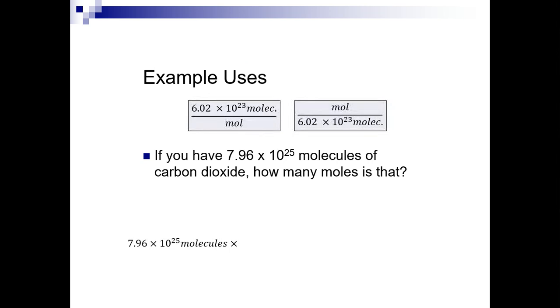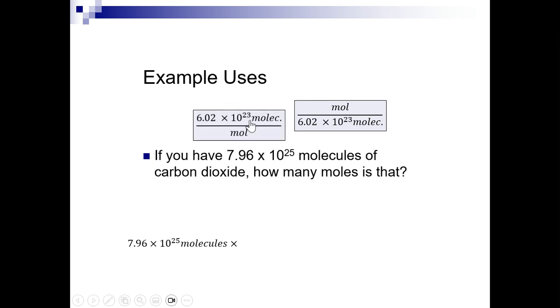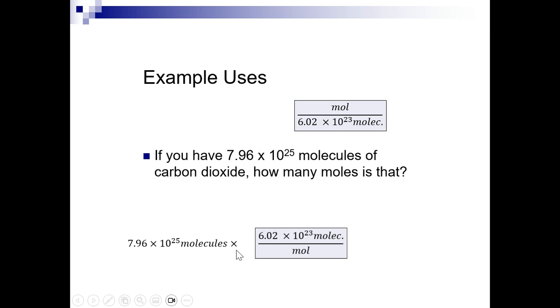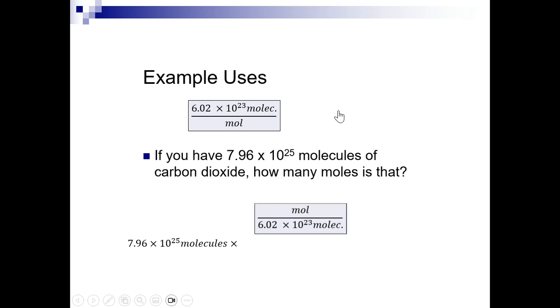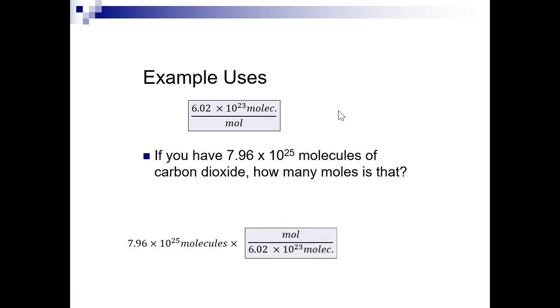Which way do I do this? If I use the first one, my moles don't cancel. Molecules are here, moles, that's going to be wrong. I would use this other one so that molecules will cancel.